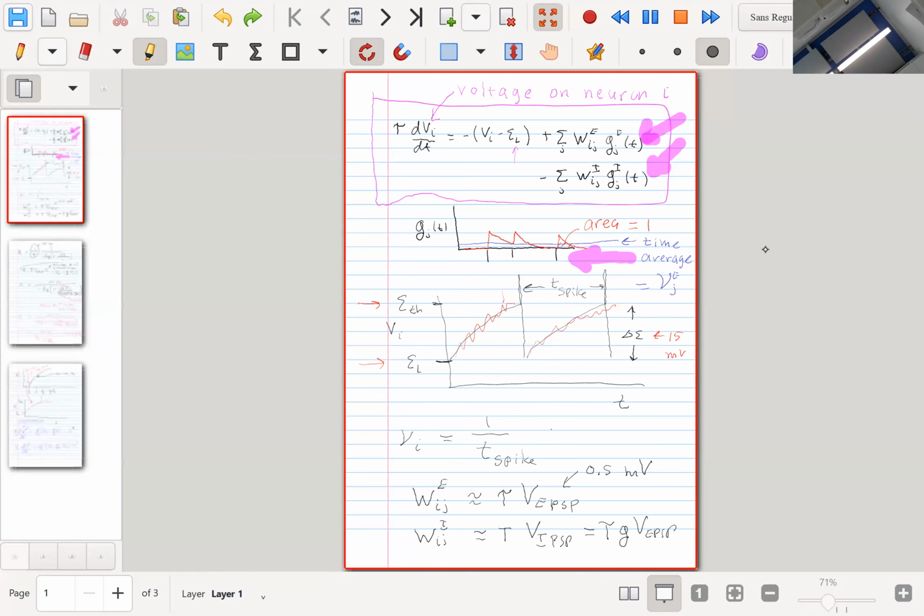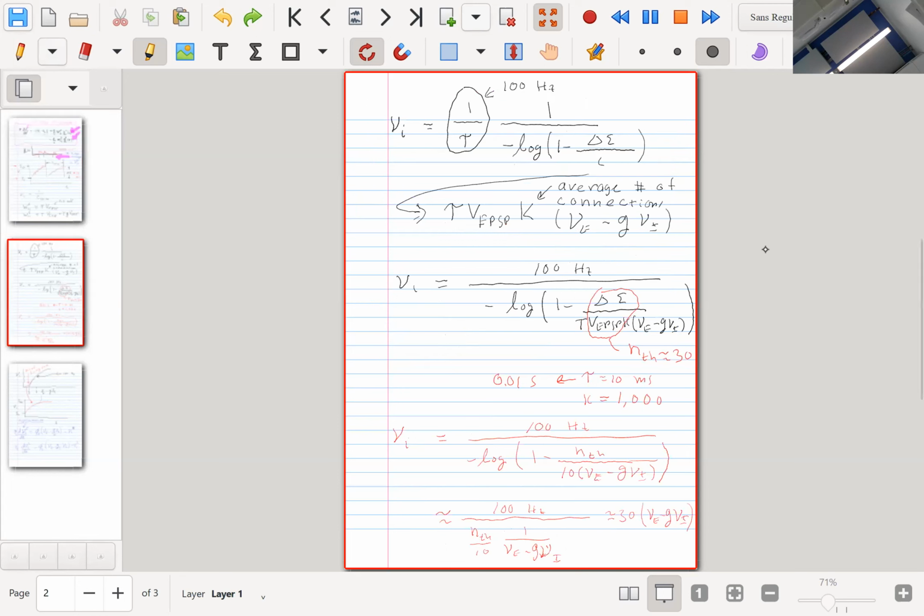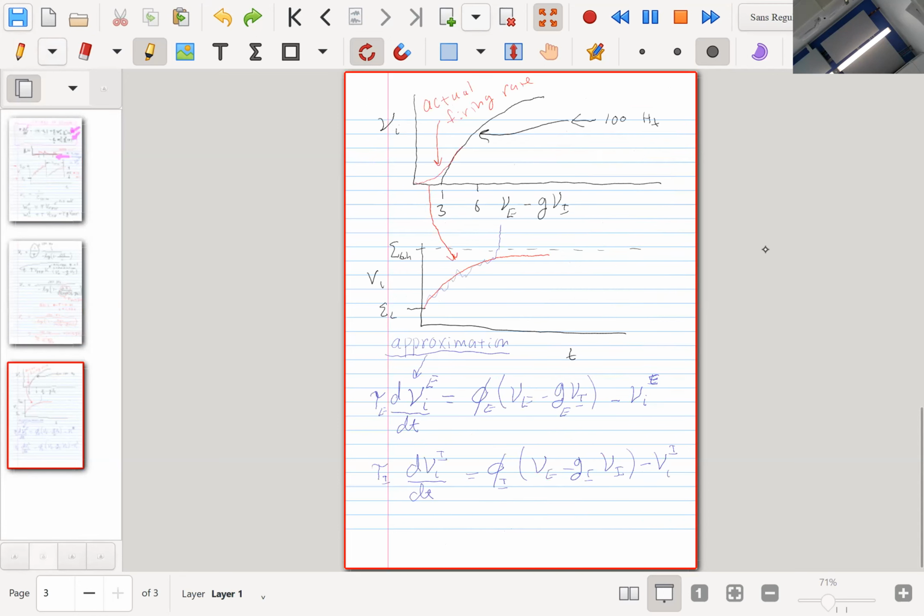We worked out the firing rate when there are no fluctuations. We time averaged this G, went from the red curve to the blue line, and could work out the firing rate analytically in that case. We got a picture like this.